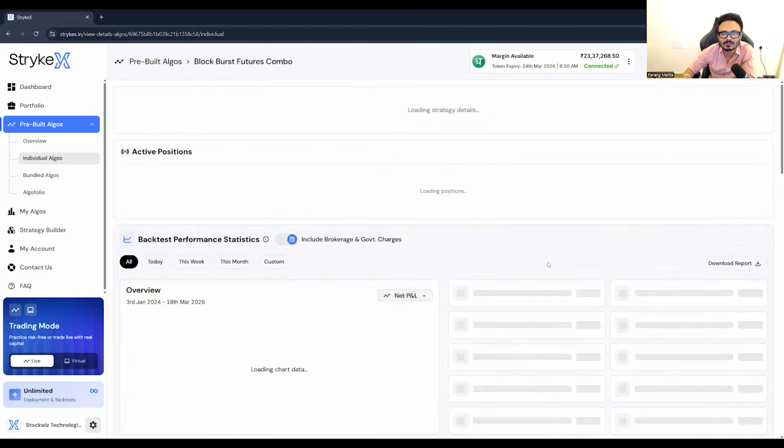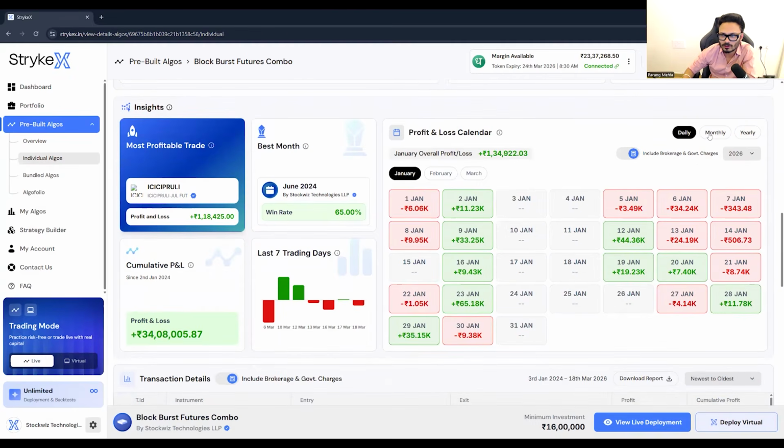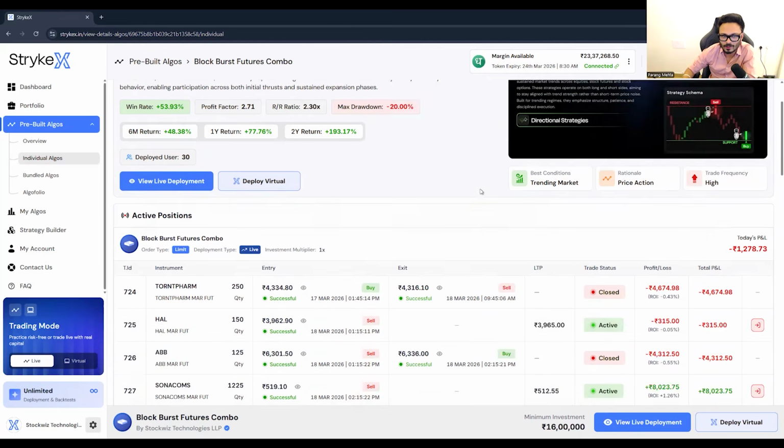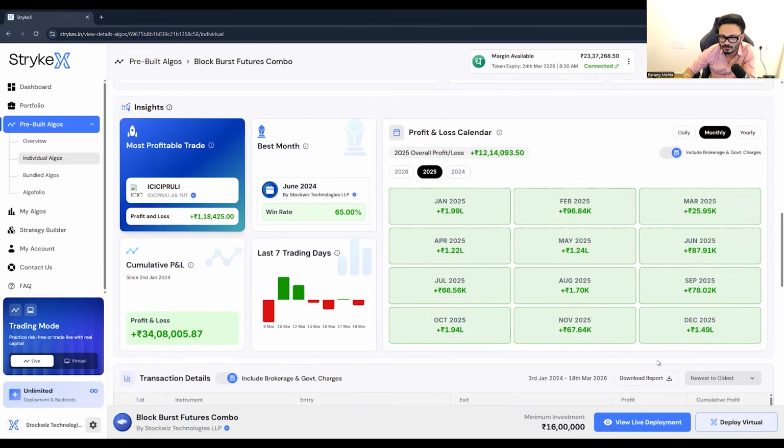So if I open this up, right, and if I scroll down, it'll go to the monthly. So you will see on a 16 lakh rupee capital, this made about 1.34 lakhs in January. In February, it made 1.3 lakhs, and it's down 21,000. In 2025, there were multiple months where it made almost 2 lakhs over here, 1.5 lakhs over here.